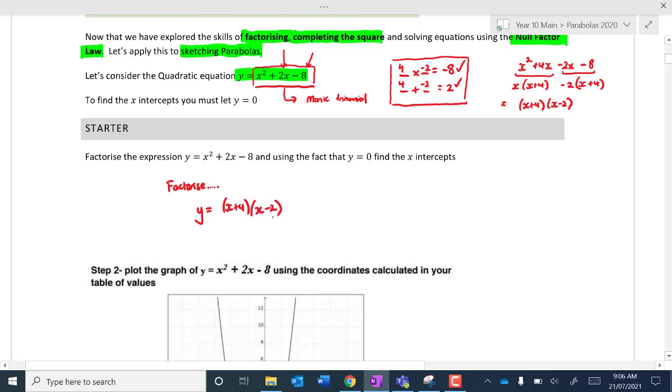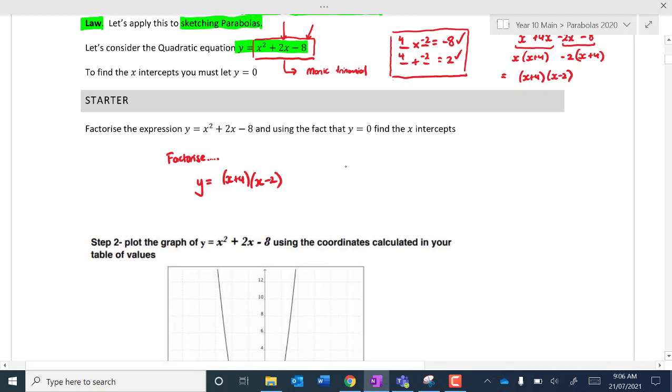We should also know that to find the x-intercepts, just like with anything, whether it be linear or anything else, we let y equal 0. So if I do that, clearly I've got this, and now from what we've learned previously, we can use what's called the null factor law.